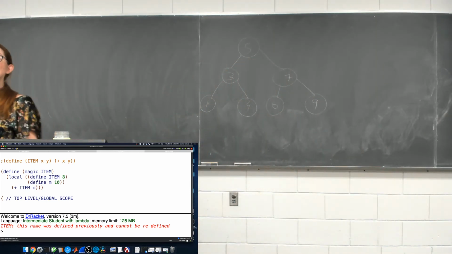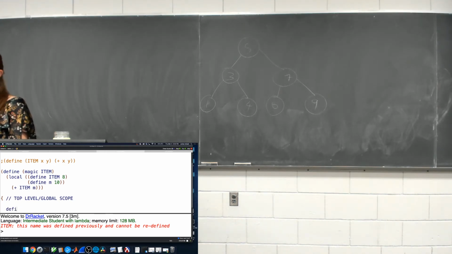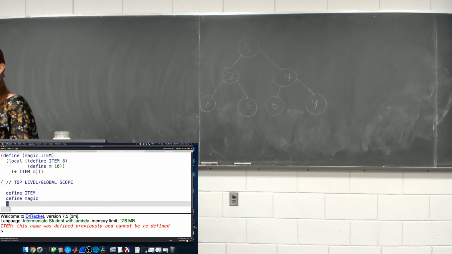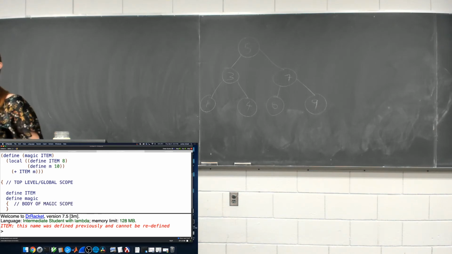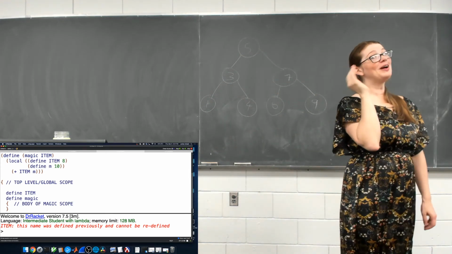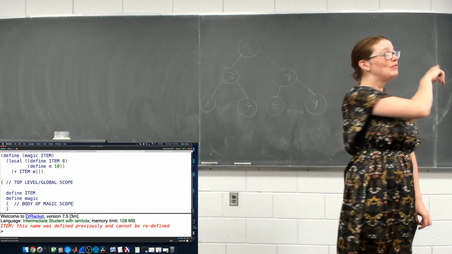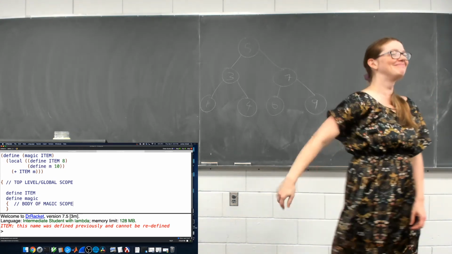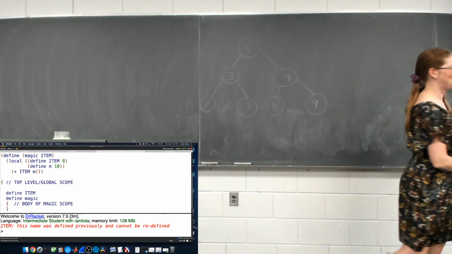All right. So at the top level, I have a define for item, and I have a define for magic. And this is the body of magic scope. I'm sorry, I write so much C and C++ code that if you're wondering why I just put 2 slashes, that's comments. All right.